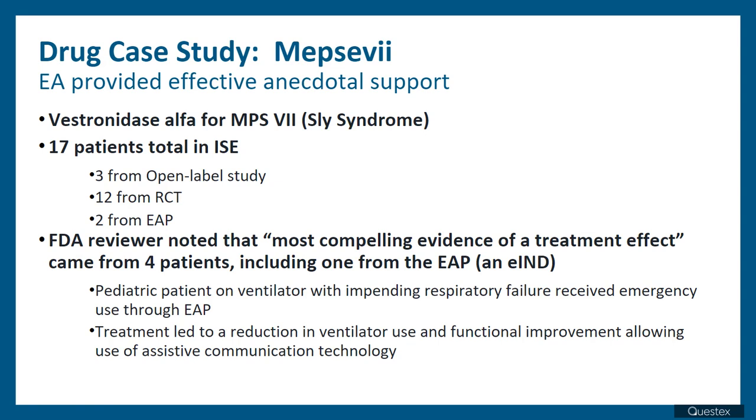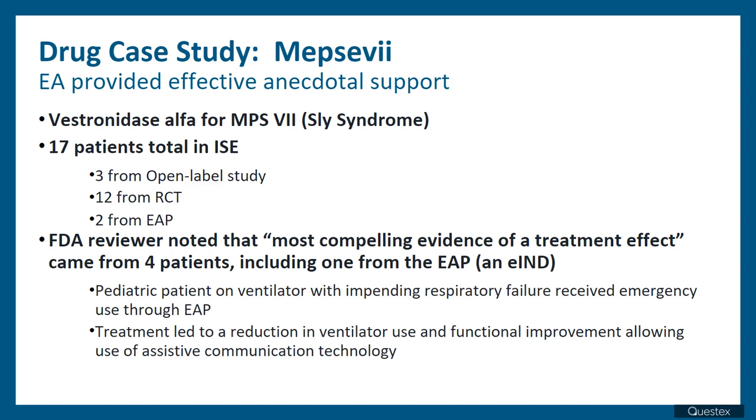And then another example of a company that's very effective here, Ultragenyx, which makes Mepsevii. And in this case, this is an ultra-rare condition, MPS type 7. There were only 17 patients in the integrated summary of efficacy for this product. 3 from their open label studies, 12 from a randomized controlled trial, and 2 patients in the expanded access program.